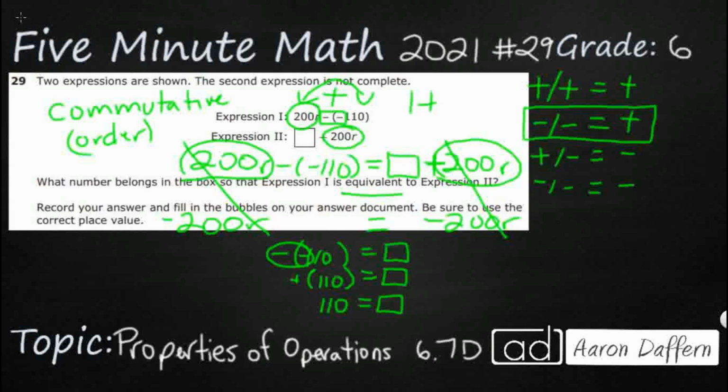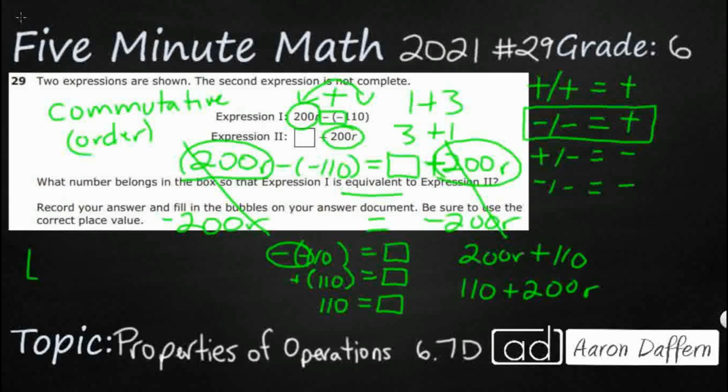So 1 plus 3 is the same as 3 plus 1. That's really what we're doing here. We're doing this 200r plus 110, because we got the minusing a negative, and it's the same as 110 plus 200r. So that's really what we need, is that 110.